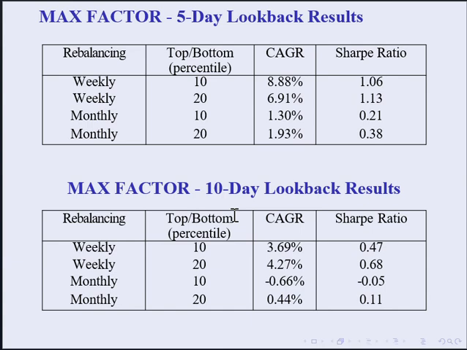You can clearly see in the table that with the 5 day look back period, max factor strategy works much better than the 10-day look back period, and the weekly 10 percentile strategy is giving the highest CAGR 8.88% and the weekly 20 percentile strategy is giving the highest Sharpe ratio 1.13, which is the best among them.